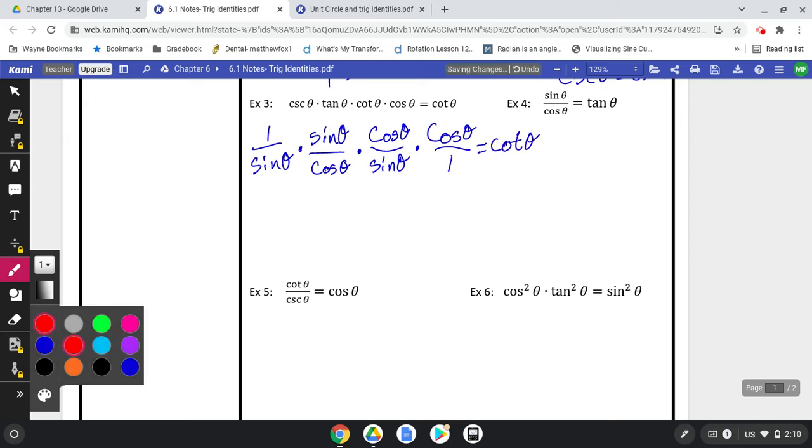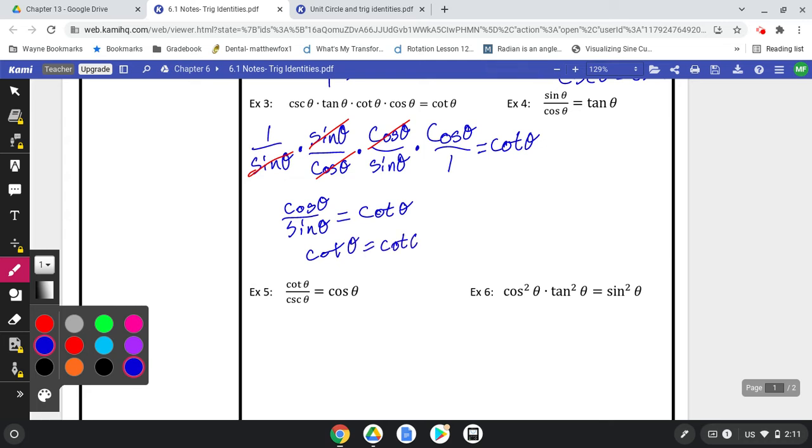So we go to reduce, and sine cancels, cosine cancels. We're left with cosine times 1, which is just cosine, all over sine times 1, which is just sine. That will equal the cotangent of theta. At this point, cotangent is the same as cosine over sine, so cotangent of theta equals cotangent of theta, and we are done. We have verified it.